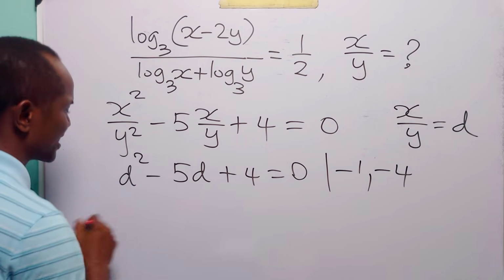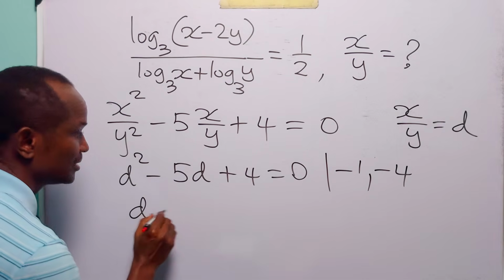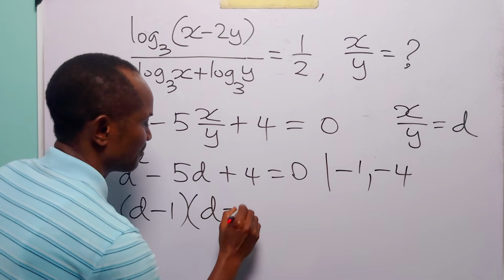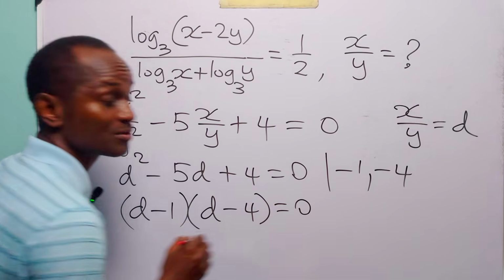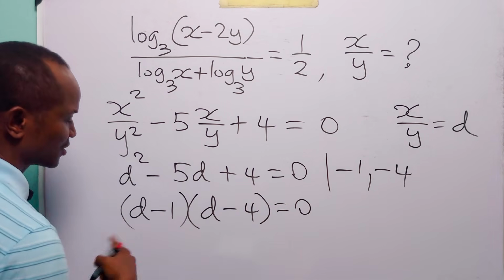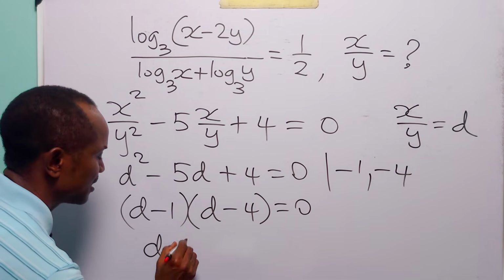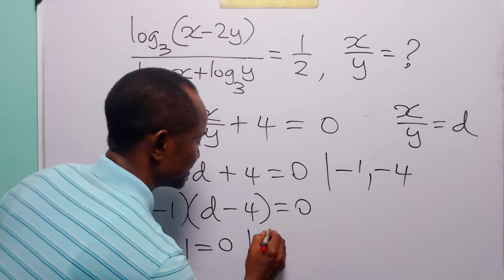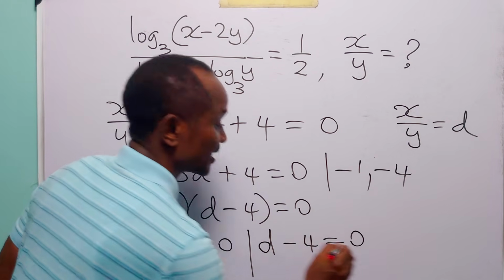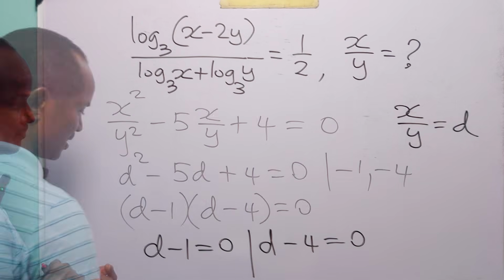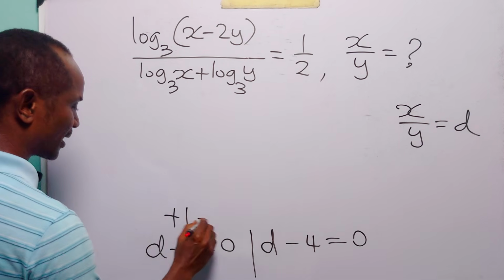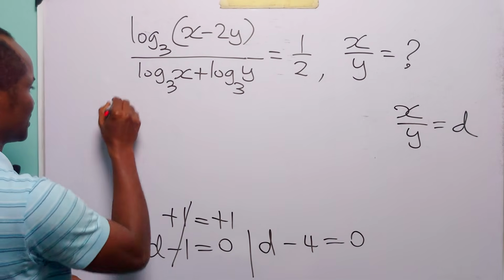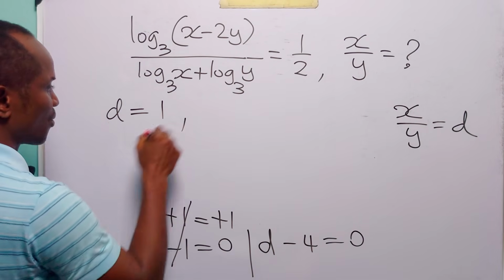So when we factorize this left-hand side, we have (d minus 1) multiplied by (d minus 4) is equal to 0. And of course, from here we have that d minus 1 is equal to 0, or d minus 4 is equal to 0. When we add 1 to both sides of this equation, we have that d is equal to 1.